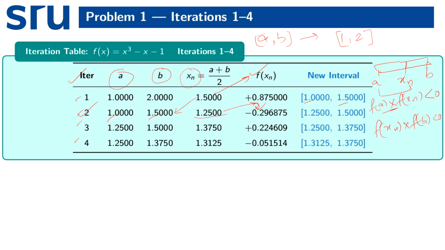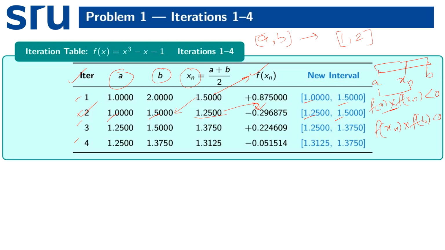So definitely the value of the function at the point 1.5 is positive, and at 1.25 is negative. That means the new interval is 1.25 to 1.5. You just keep on checking the values of the function at the points a and b. Okay, that's it.